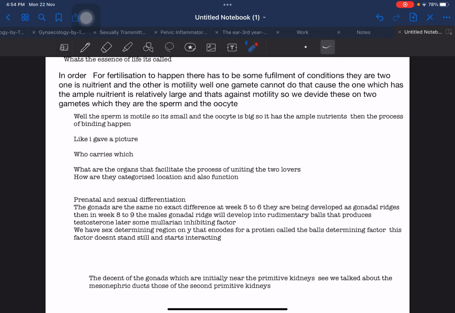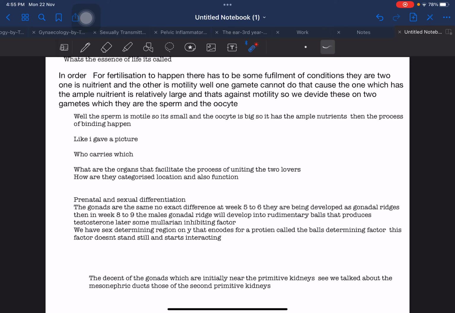So we said that in weeks 8 and 9, the Leydig cells of the rudimentary testes are producing testosterone. This testosterone stimulates the mesonephric ducts to form the internal genitalia of the male. Later on, there will be production of Mullerian inhibiting factor by the Sertoli cells.